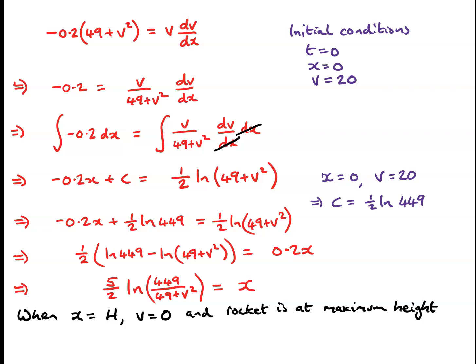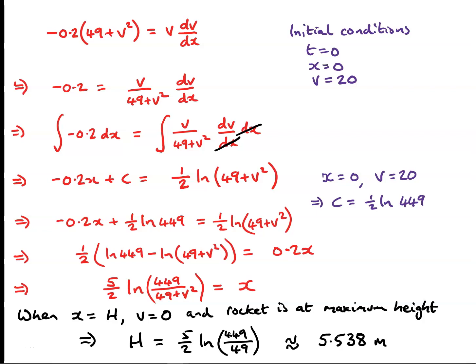Substituting that in gives me h equals 5 over 2 times the logarithm of 449 divided by 49, which is approximately 5.54 meters. So we now know that the rocket goes up 5.54 meters.